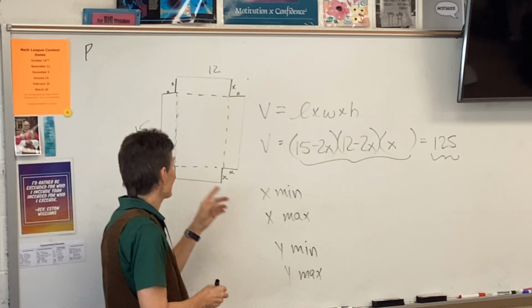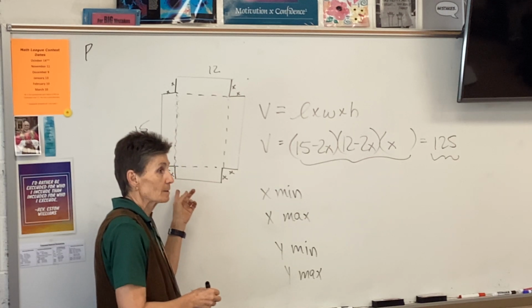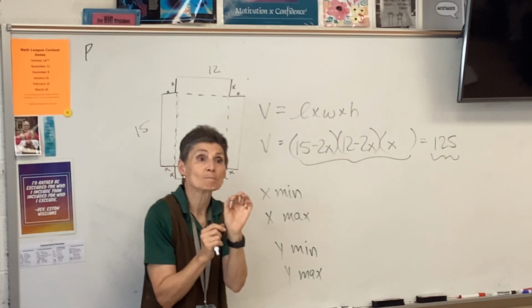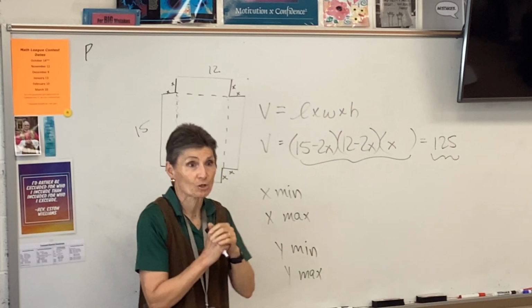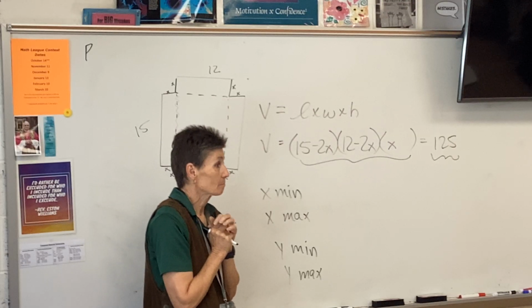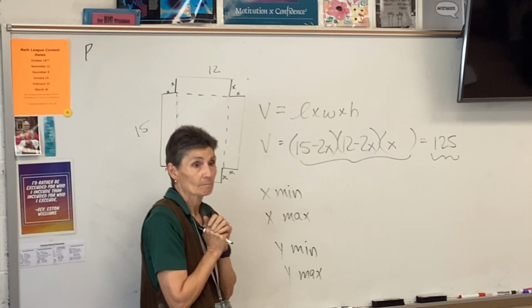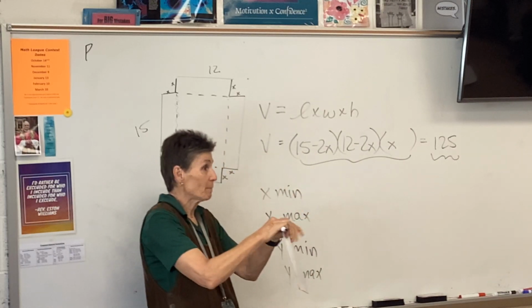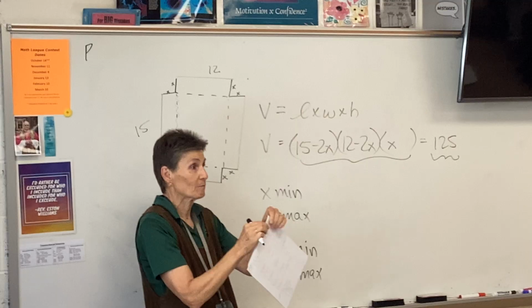I want you to think about X for a second. X is the corners you're ripping out. What is the smallest X could be? Okay, I have a piece of paper. I'm gonna start ripping out. What's the smallest chunk I could rip out from the corner?